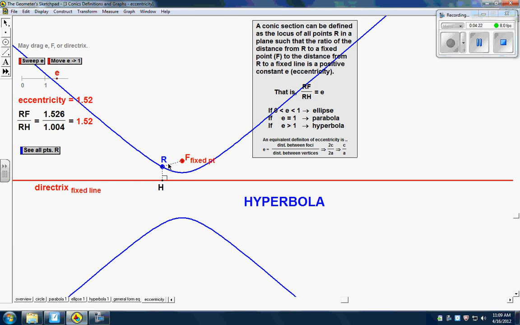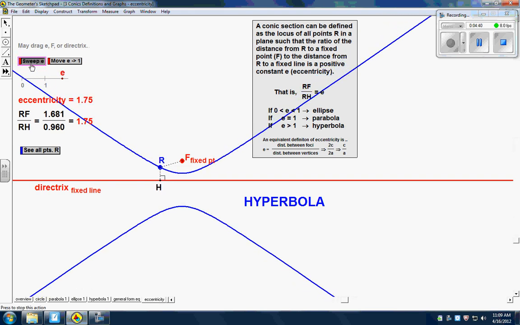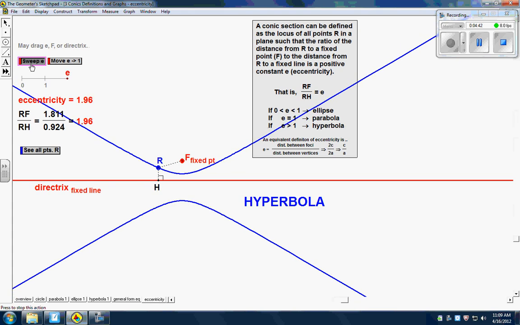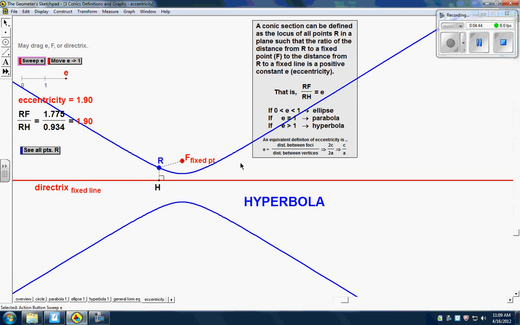So the distance from R to F is greater than R to H. You're moving further and further away from this fixed point, and it's getting closer and closer to this directrix, or that fixed line there. Okay, the ratio gets even greater. So that distance is really huge, and that distance is small. If it's bigger than 1, it's a hyperbola.